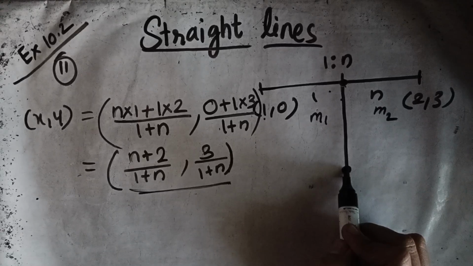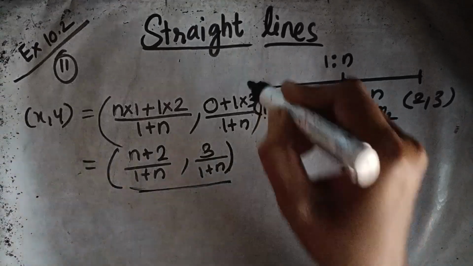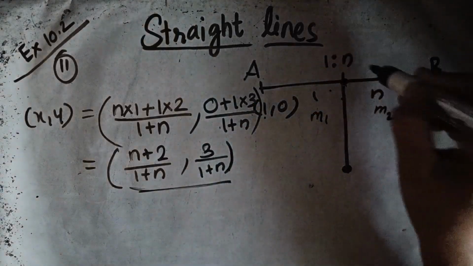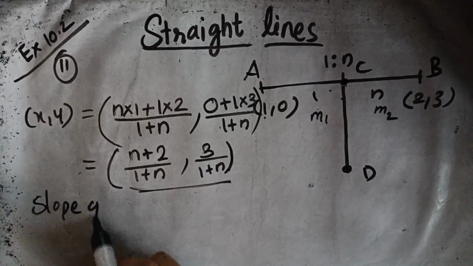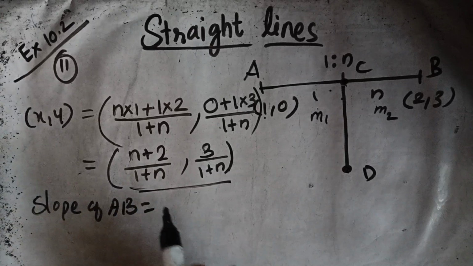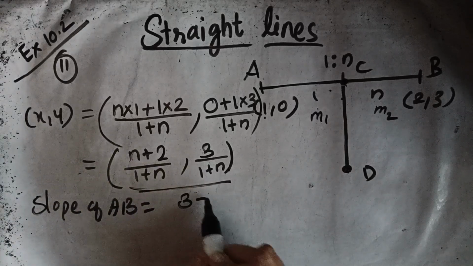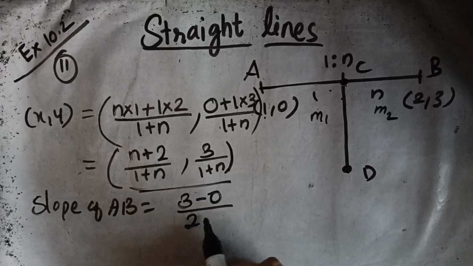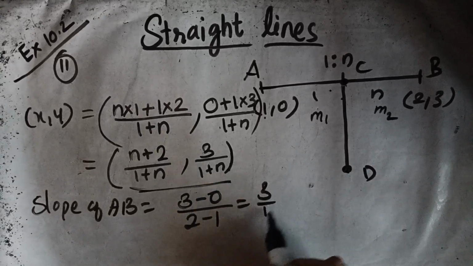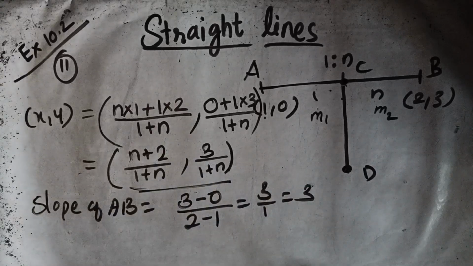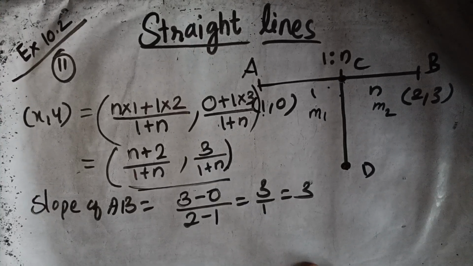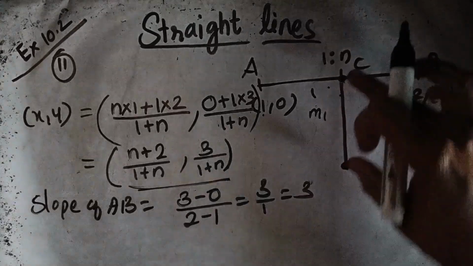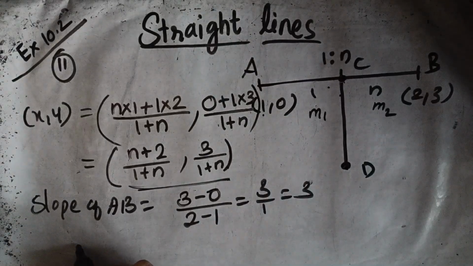Okay, so first you find out the slope of, suppose this is line AB, this is line CD. The slope of AB is y2 minus y1 upon x2 minus x1. So this is 3. So slope of CD is m2.